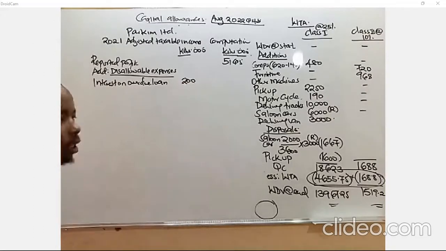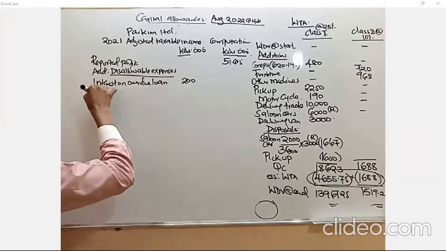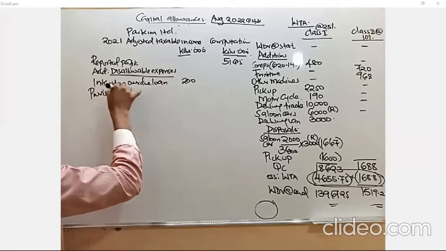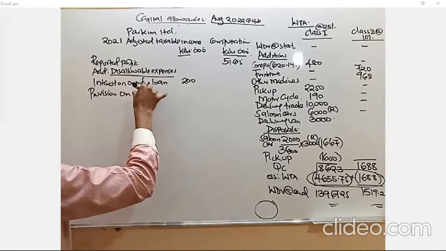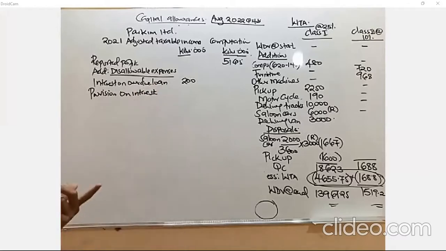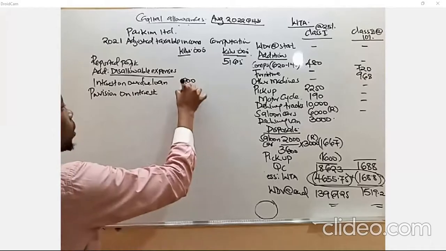This is a disallowable expense. Secondly, we have been told there is a provision for the interest. We said only the provision which is allowable is for the specific. So the provision on these interests for the interest on loan is 752, disallowable.